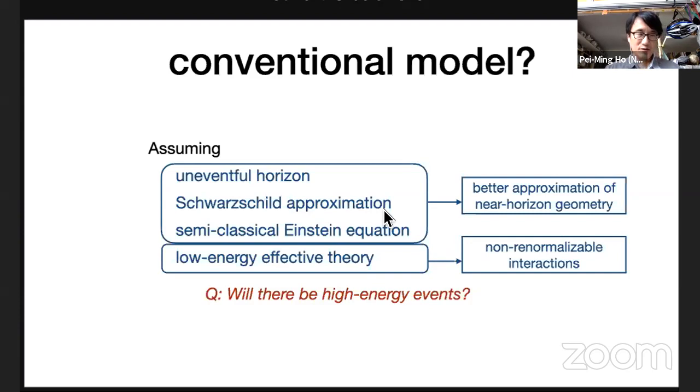We studied the near horizon geometry assuming the energy condition of the uneventful horizon, but without assuming that the Schwarzschild approximation is good everywhere in the near horizon region. We only assume that it is good outside the near horizon region, and use that as a boundary condition to solve the semi-classical Einstein equation. So that's one thing we do.